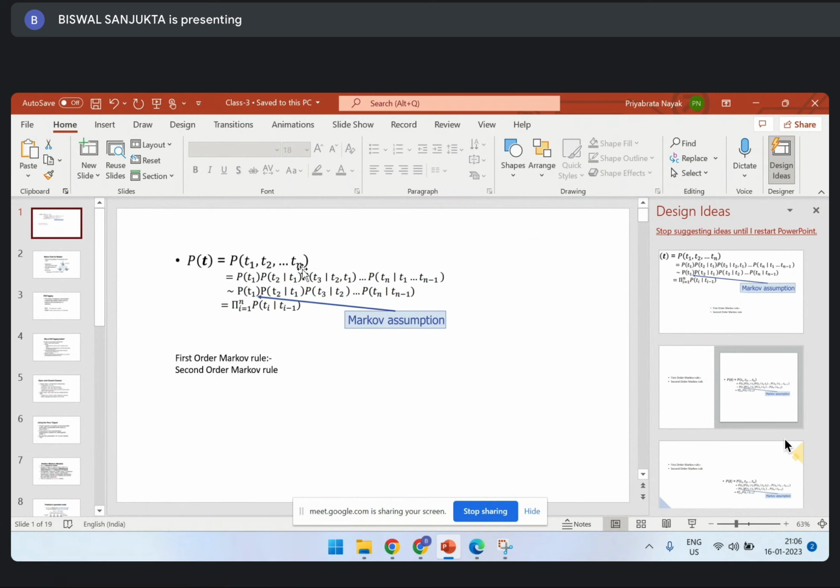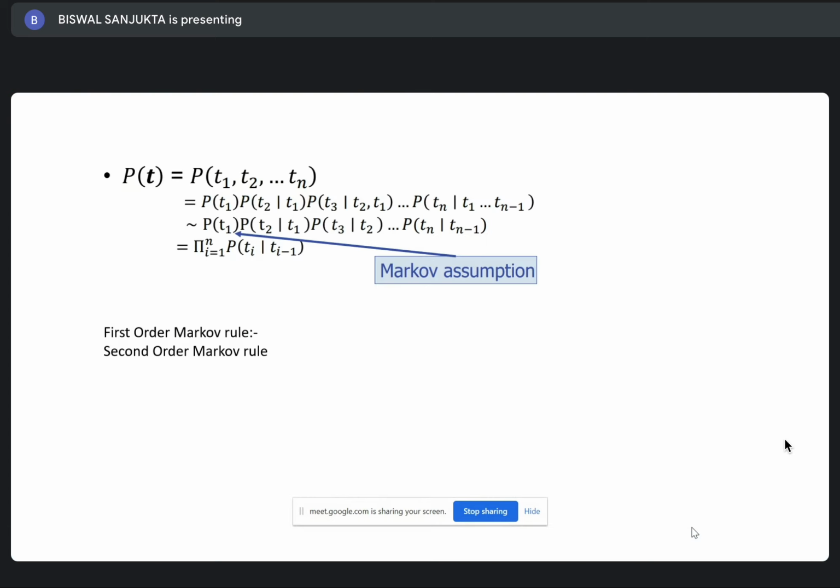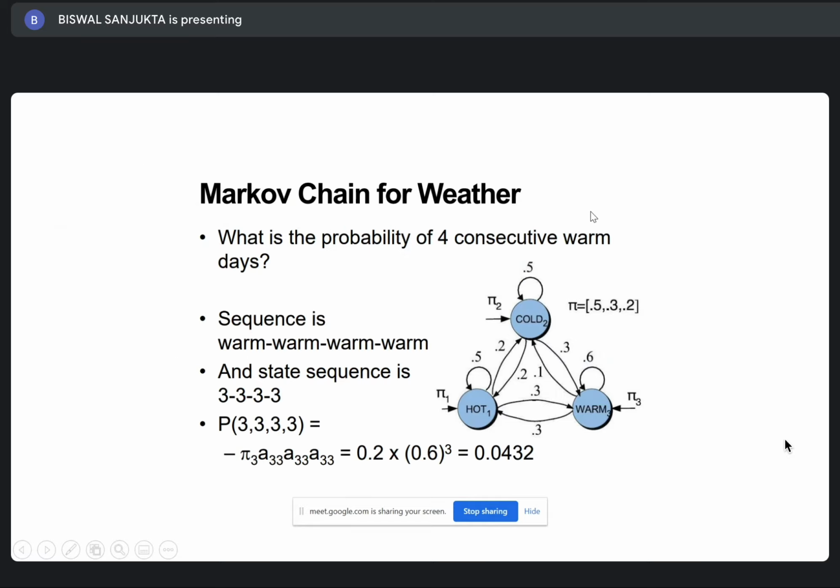So how do we compute the probability? We say the probability of the first event, multiplied with the probability of the second event given the first, then again multiplied by the probability of the third event given the second and first. Like that it will go, and at the end it will be multiplication of the last event given all the previous events.